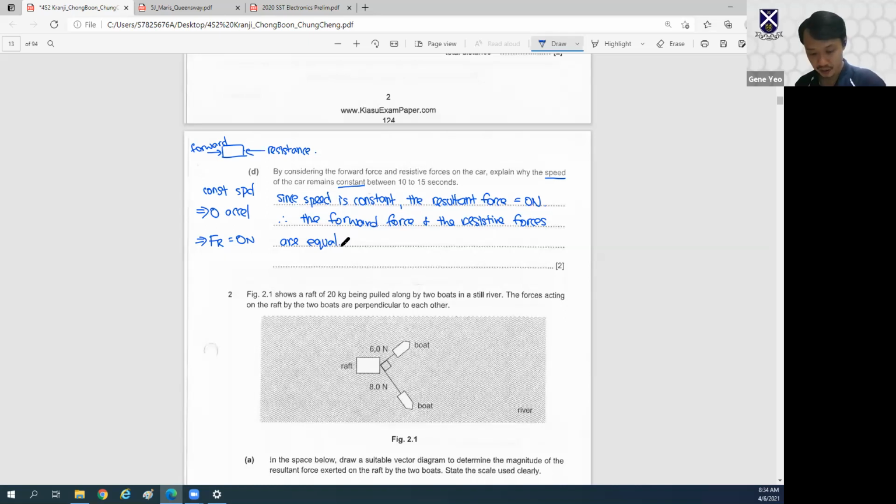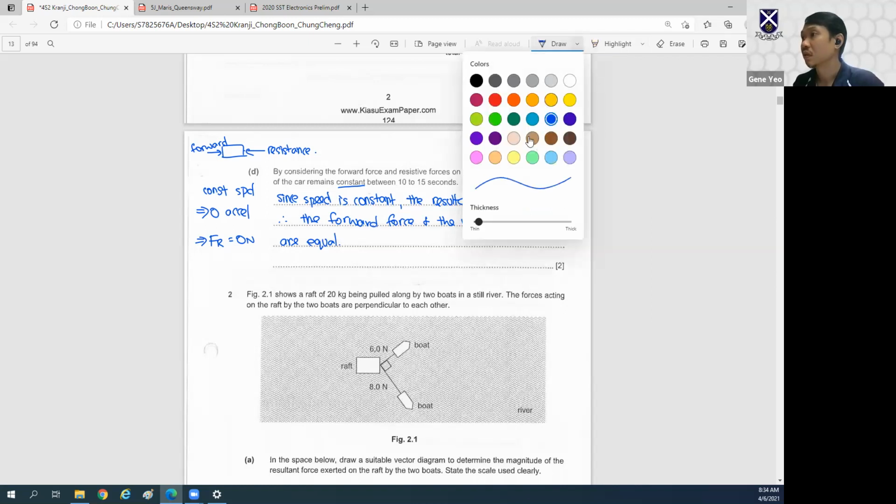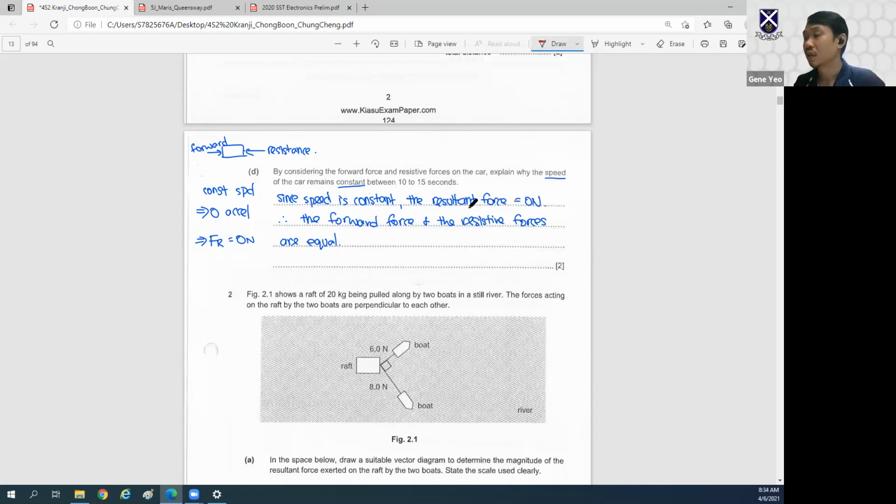Okay? So keywords, you have to tell me that the resultant force is 0, forward and resistive force are equal.